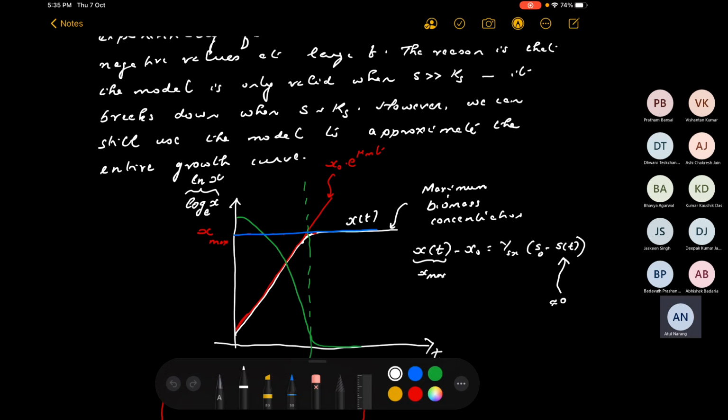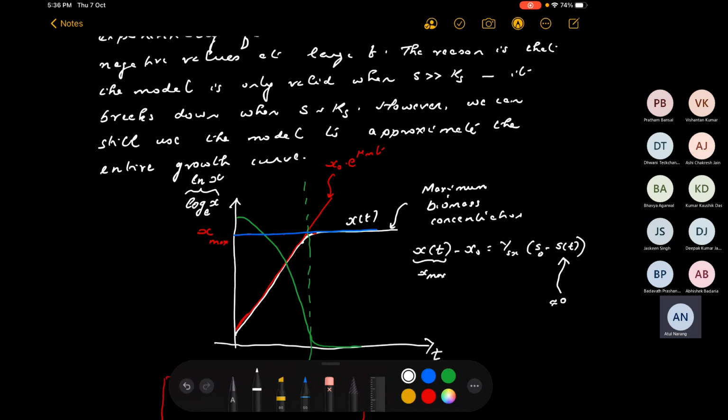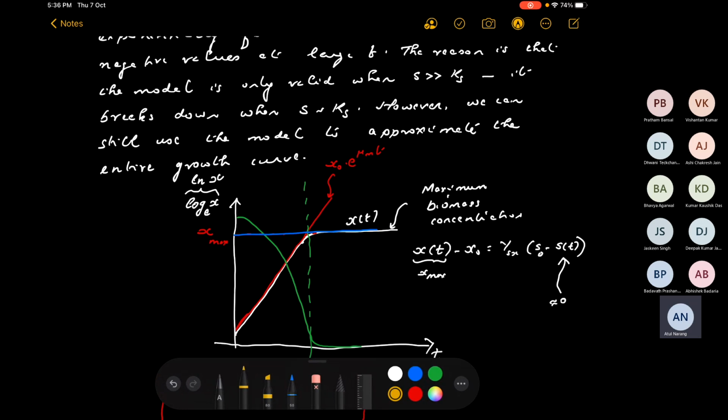If Ks is large, then it will not look like this. This is the case if Ks is small, which is almost always the case. But if Ks is large, you will see something like this. The change from mu equal to mu m to mu equal to zero will not take place in a very small time interval. It will actually take place with another color, let's say yellow. It will look like this.